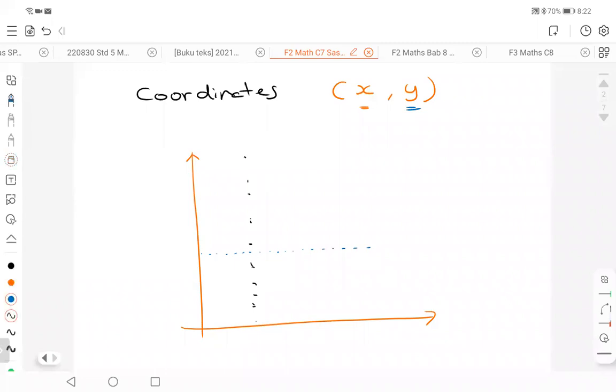So if I make a plot, a dot here, and I tell you this coordinate is 2, and here is 5.